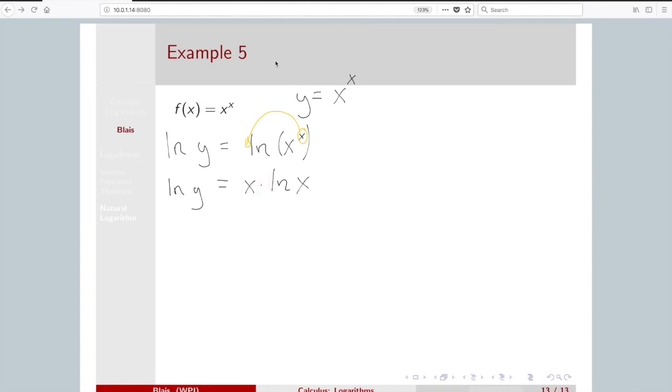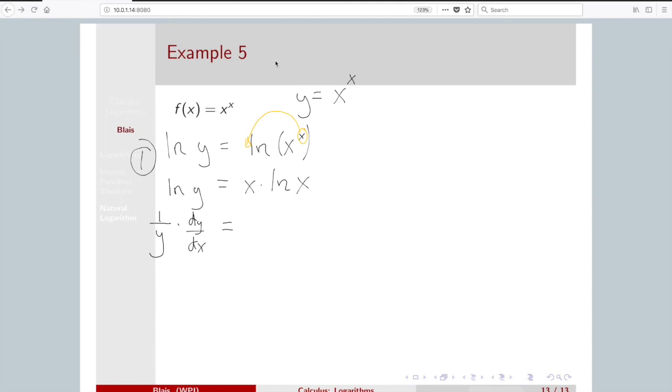So in the steps we wrote before, this would be our first step. So our second step now, take derivatives of both sides with respect to x. So the derivative of natural log y is 1 over y, but y is a function of x, so we need dy dx.